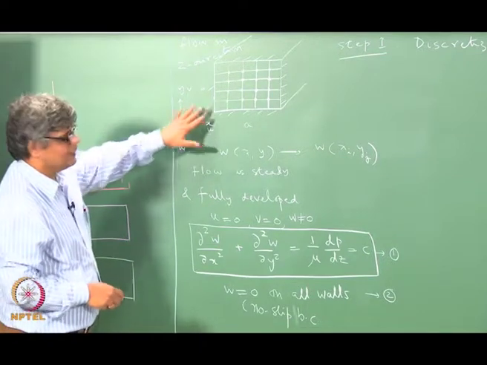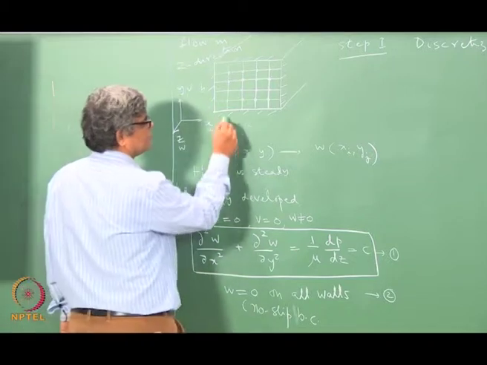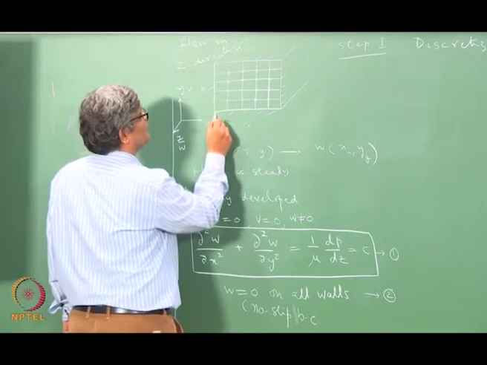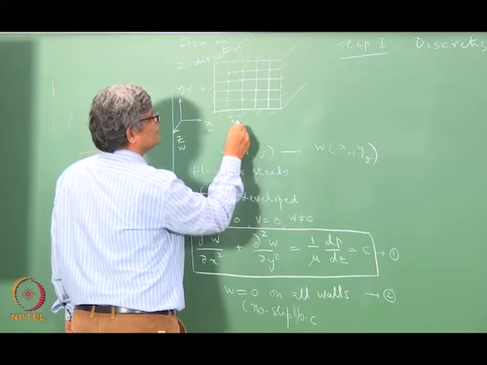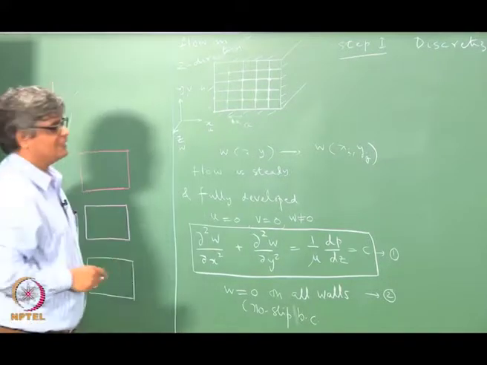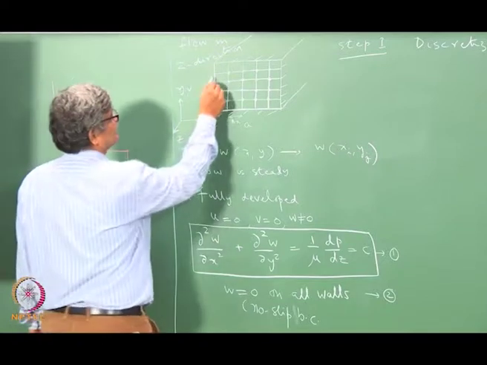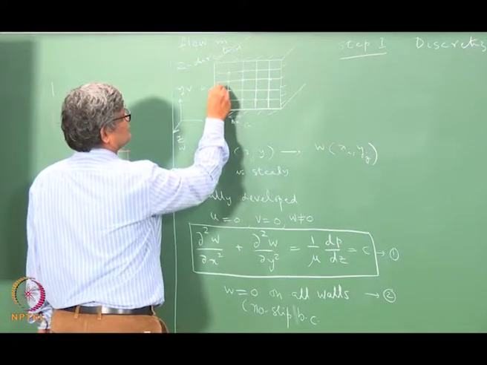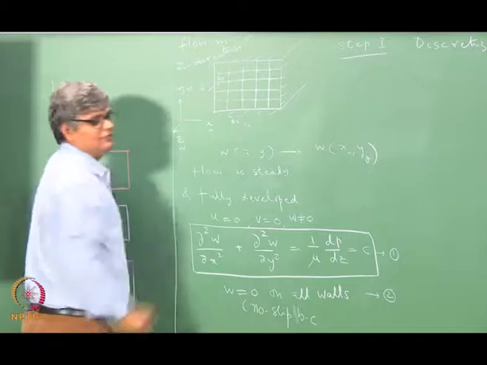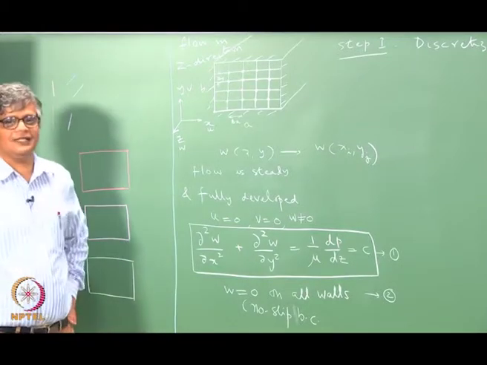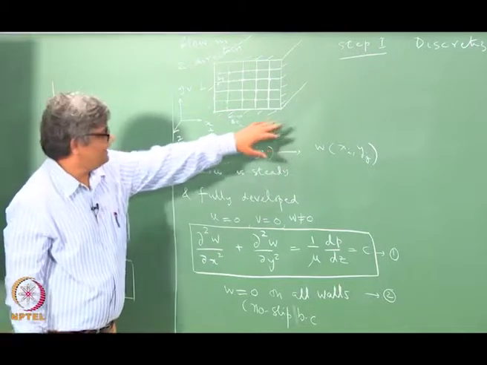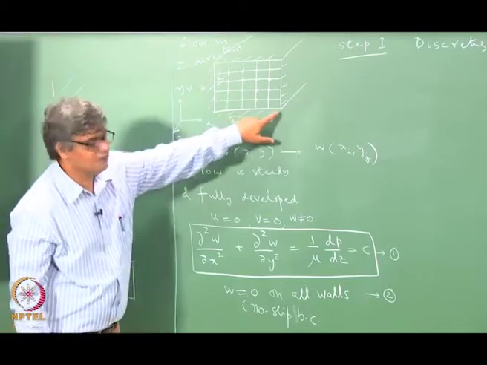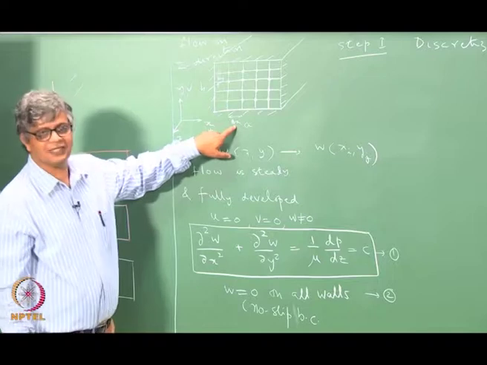But here we put them uniformly, so that you have a spacing of delta x between two x equal to constant lines, and a spacing of delta y between two y equal to constant lines. Okay. So, if we know the total length A, and if we know how many divisions we have made, we can find out delta x.